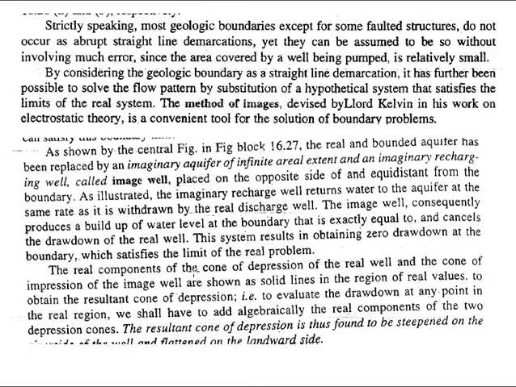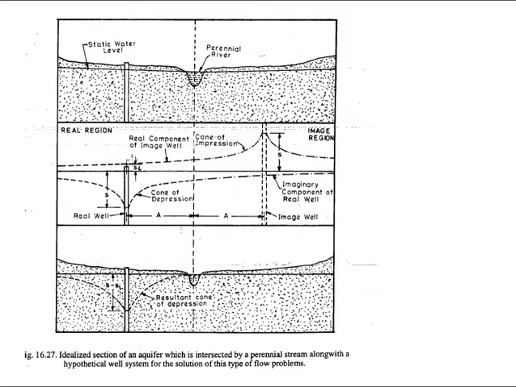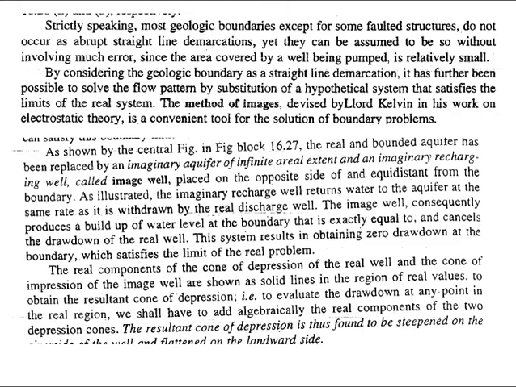There are two components, one real and one imaginary. The real component of the cone of depression of the real well, and the cone of impression of the image well, are all shown by the solid lines in the region of the real values. If we want to obtain the resultant cone of depression, that is, to evaluate the drawdown at any point in the real region, then we need the real components.